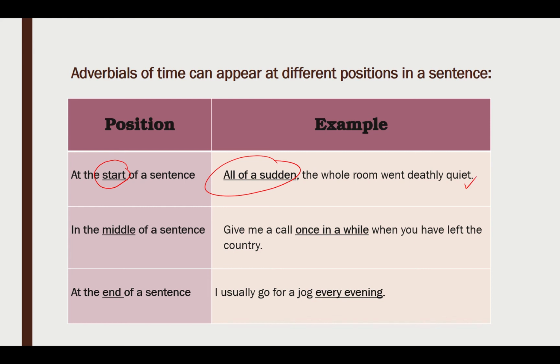Adverbials of time can also be used in the middle of the sentence. For instance, give me a call once in a while when you have left the country. And of course, it can also be used at the end of the sentence. For example, I usually go for a jog every morning or every evening.